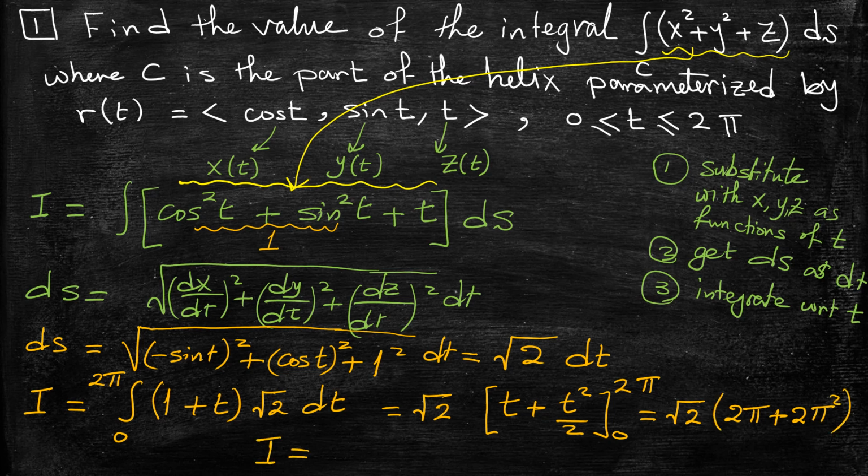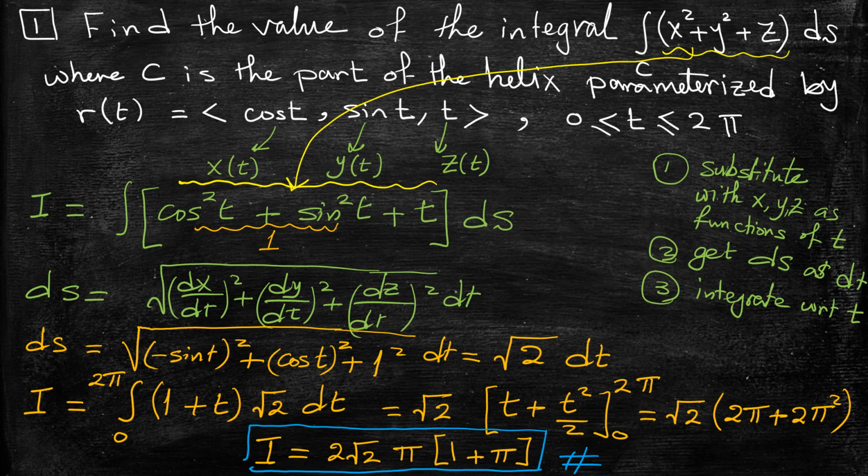Taking 2 pi common, we end up with 2 root 2 pi times (1 plus pi). This is the value of this integral. What this value means is the integration of the function x squared plus y squared plus z over the path defined by the location cosine t, sine t, and t.